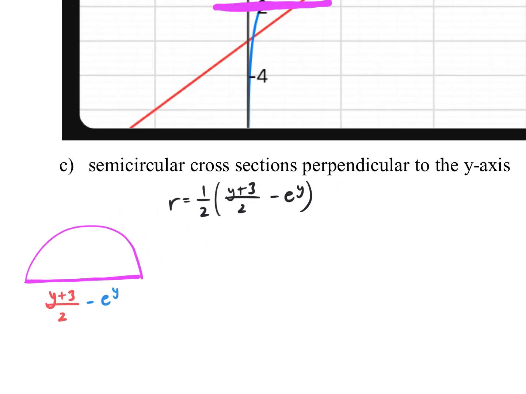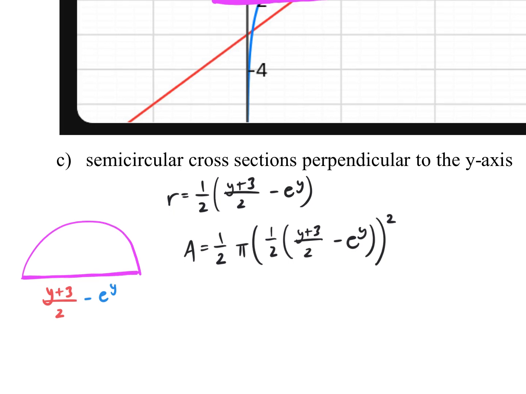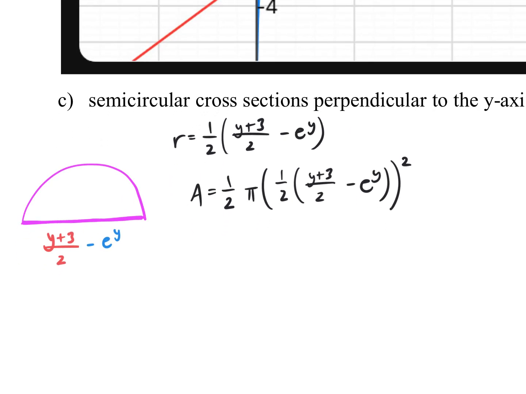Now, actually first I need to find the area. Area is 1/2 pi times my radius squared. Don't lose all those parentheses and don't lose all those squareds. Then let's take out my coefficients.